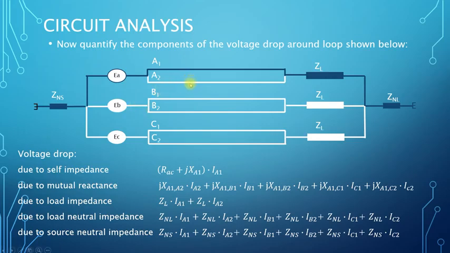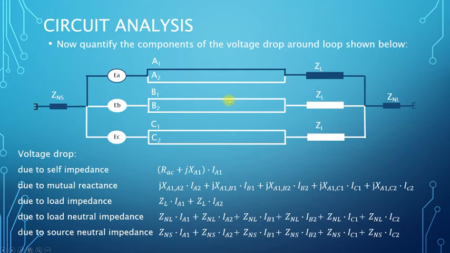So we will have current flowing through the conductor labelled A2, and that current will induce a voltage drop in the conductor A1. So the current in A2 times the mutual reactance between A2 and A1 will give us the voltage drop in A1. And that is this term here.